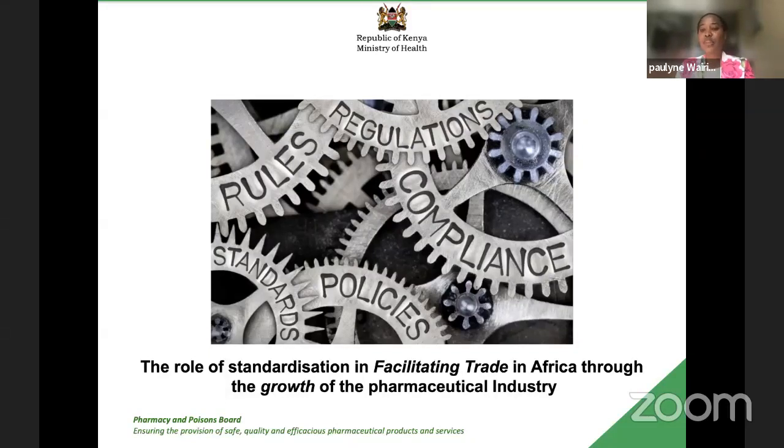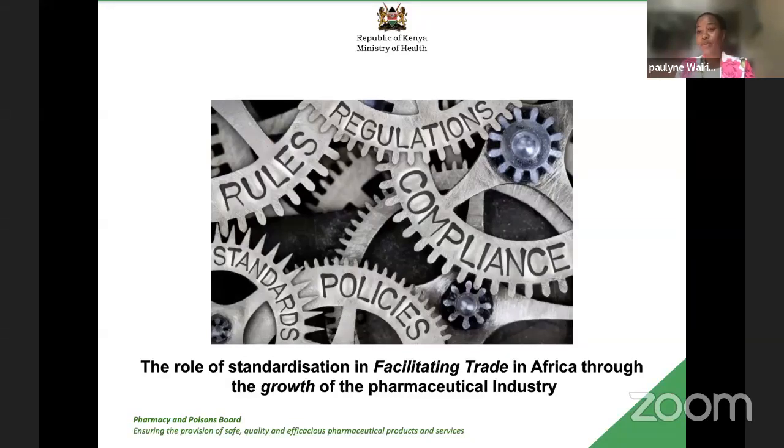In ensuring that we put down regulations, we are often examining policies that are new, policies that are in place, policies that need to be put in place, and through that being able to advise and offer a role to our ministries of health, to the public, and to other stakeholders involved. In terms of compliance, once we develop regulations, we enforce those regulations for compliance.